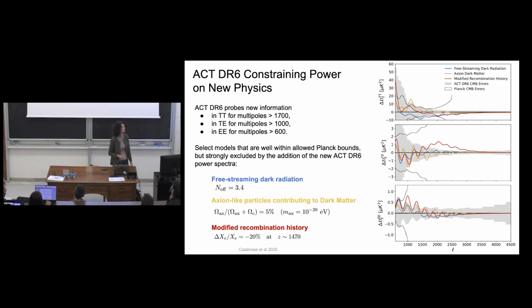When you add ACT, you start to really be able to distinguish between them. And this is happening at very small scales in temperature and in polarization, so above L of 1,000 in TE, for example, but then it's at all scales in polarization in EE. So really, that's a completely new channel that is available for discriminating between different cosmological models.